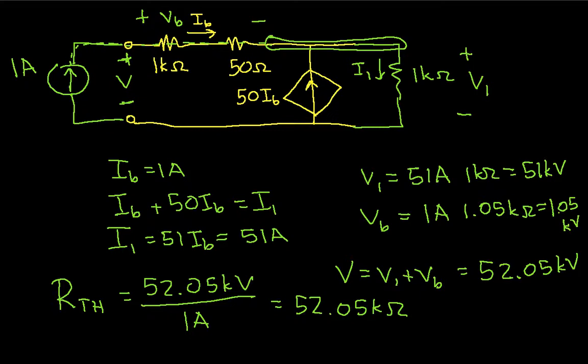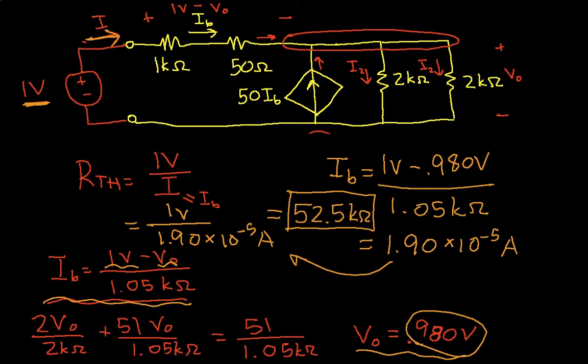So that is close to the answer I got before, but somewhat different. I wonder if I've made a mistake somewhere. I hope not, because I've only got 1 minute and 4 seconds to find it. If I've made a mistake, I would actually suspect it would have been here. And in fact, I wouldn't be surprised that the difference is because I rounded this guy off to 3 digits and then I subtracted this from 1 volt.